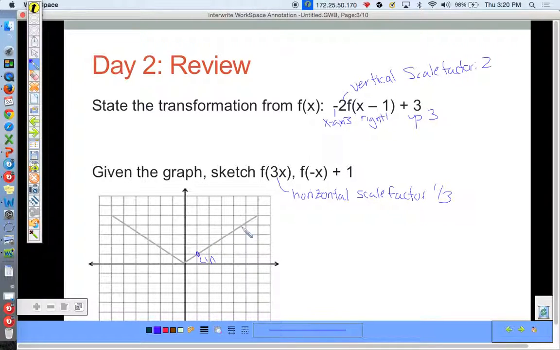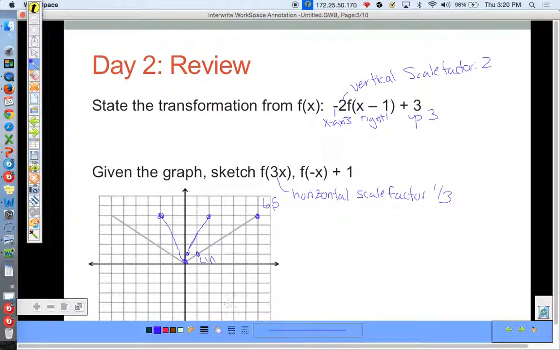What's another nice one we have right here? What's this one? 1, 2, 3, 4, 5, 6. 1, 2, 3, 4, 5. So if we take 1/3 of those, well, 0, 0 stays the same. It would be 1/3, and 1/3 of this would go to 2. And so it was symmetric, so it has to go right here.